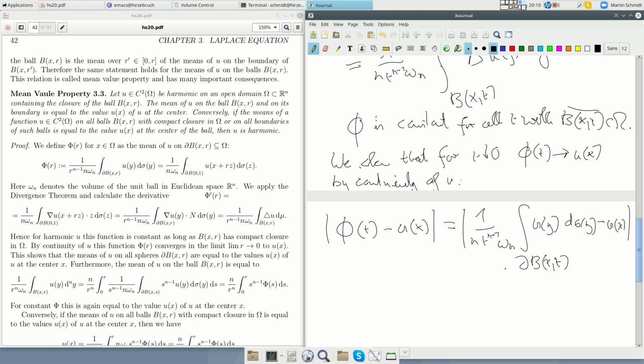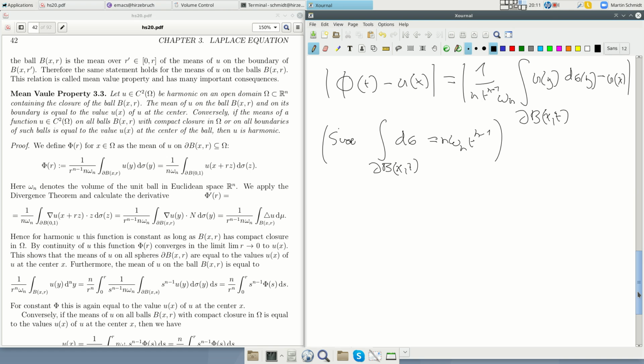Since this is the mean, let me write it without the 1 over, just the integral d sigma, which is n omega n times r to the n minus 1. So if we divide it, this is 1. And of course everything is linear.